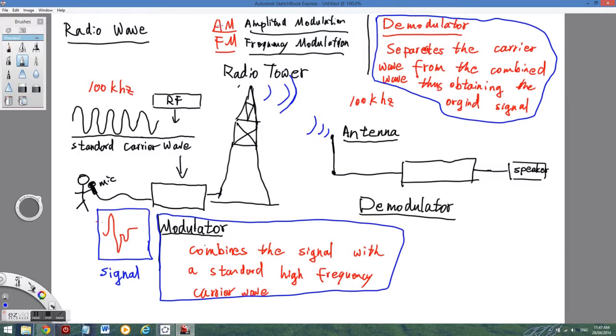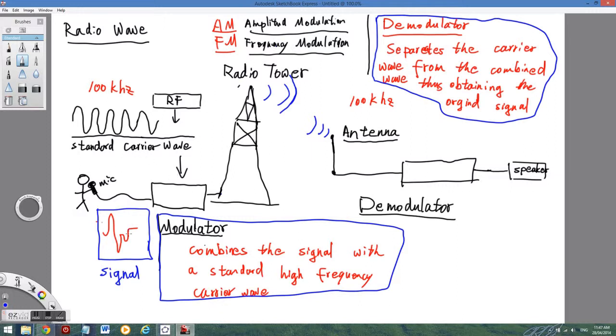Don't worry too much about AM and FM. They are all modulations. I gave you an example of amplitude modulation. For frequency modulation, the concept is a little bit different, but the theory behind it is the same.